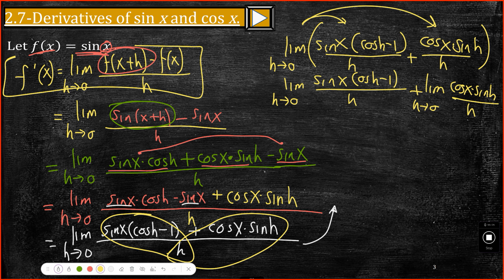There are the limit properties. We can factor out the sine x because the limit is about h approaching 0.